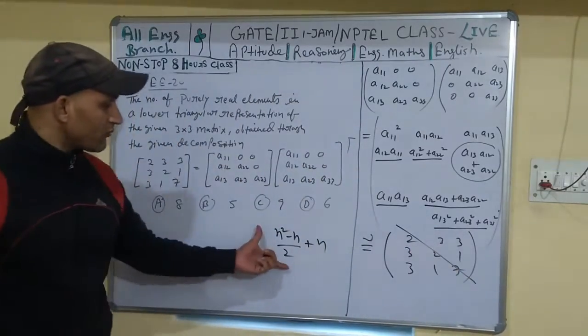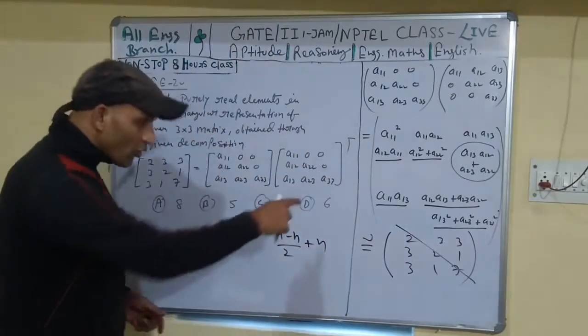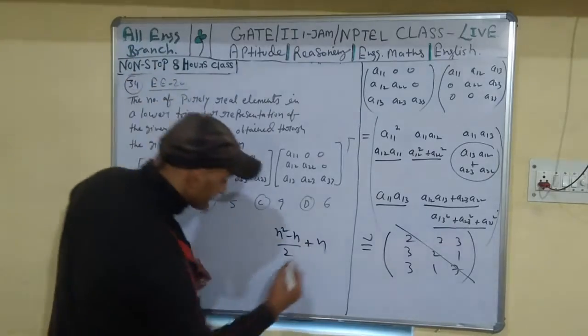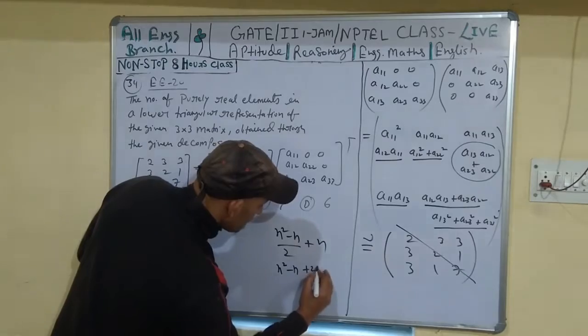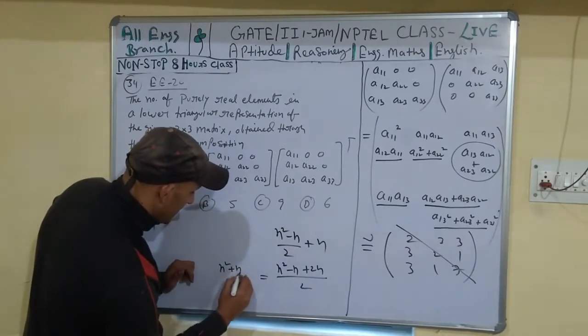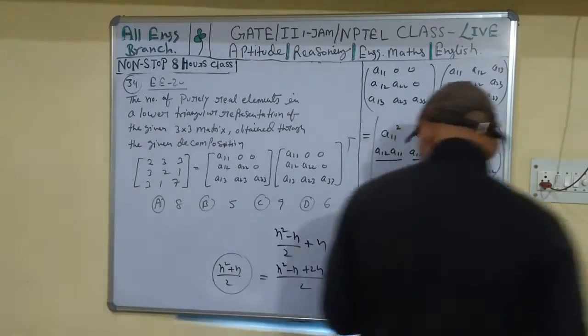That is the maximum number of elements in a symmetric matrix. How to find it? We have already solved such a problem in the previous lecture. Plus 2n upon 2, so this is (n square plus n) upon 2. So this is the maximum number of elements in a symmetric matrix.